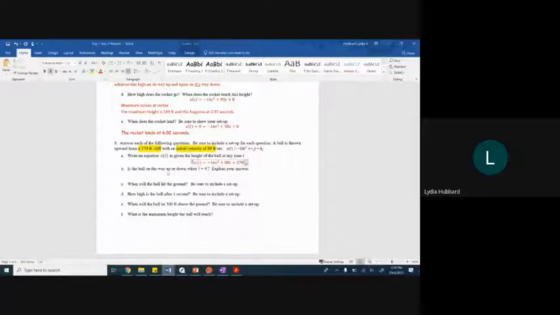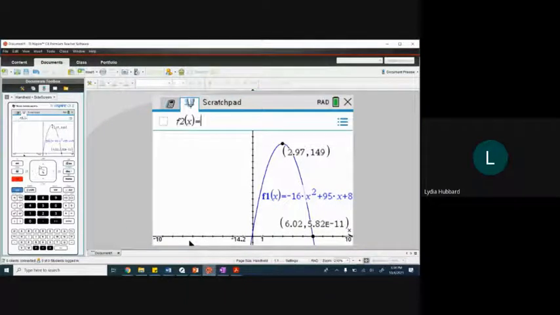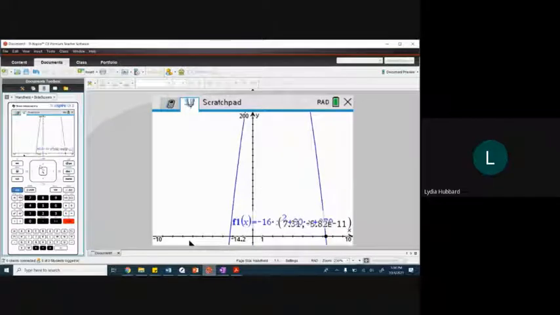So this asks, is the ball on the way up or on the way down at t equals 4? Well, there's a couple of different ways to do this. The first way is to figure out where the vertex is, and then you can figure out whether the ball's on the way up or on the way down. Or instead, you could just hop over to your graph. Again, I'm going to hit tab and up to change this equation. So this will be 80x and then plus 270, and I'll graph that.